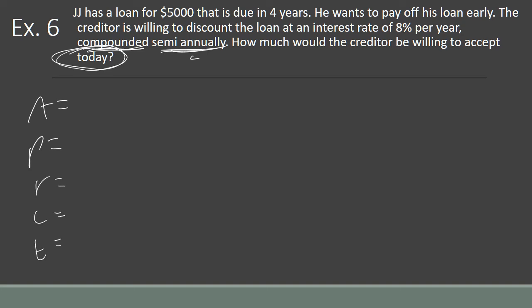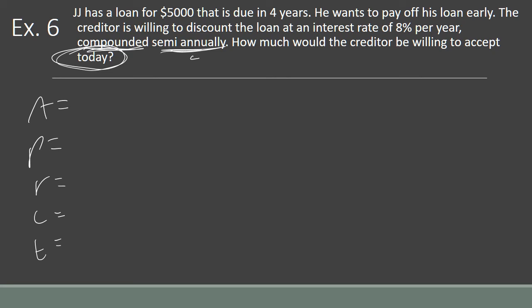Now this often happens. People take out loans and they're going to be due in a certain amount of time in the future. And then maybe JJ gets a good job, or maybe he comes into an inheritance, but he's come into some money early and he wants to pay it off. So he wants to pay it off early so that he doesn't have to pay off the full $5,000.